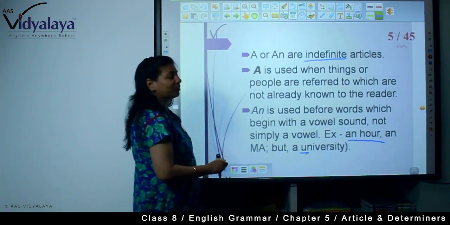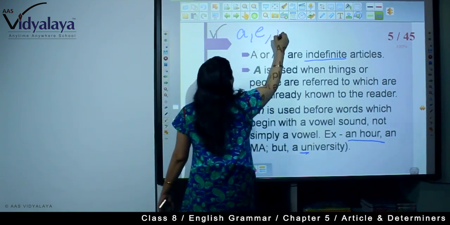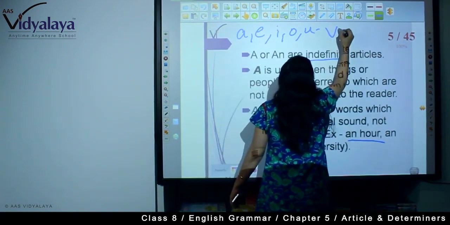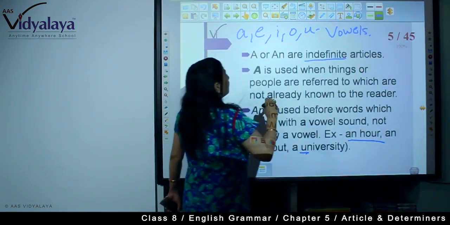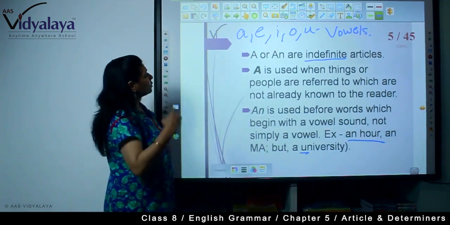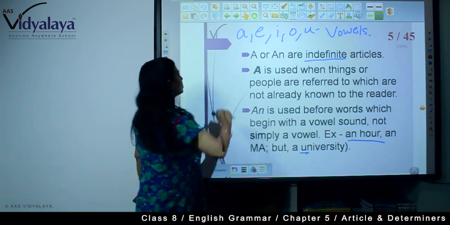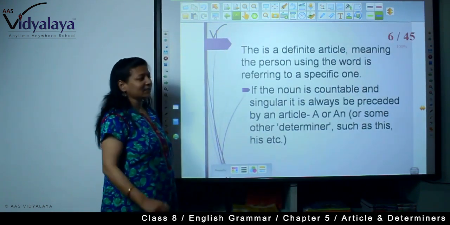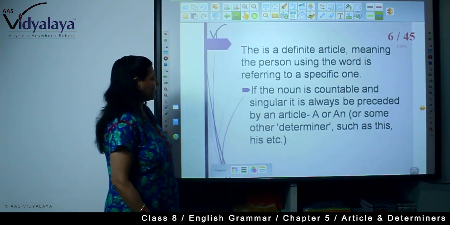You know what the vowels are? A, E, I, O, U. These are vowels. So, when in pronunciation we use these sounds, A, E, I, O, U, then an is used. The is a definite article, meaning the person using the word is referring to a specific one.